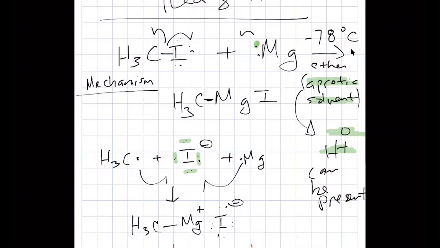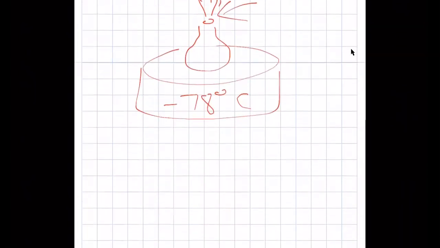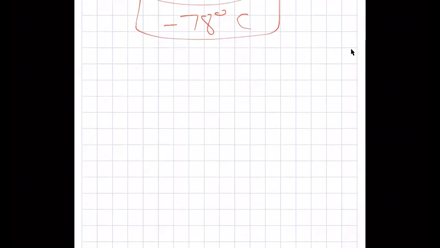That's the distinguishing property of it. Now you might think the Grignard is a simple reagent, but you can actually make lots of different types. It's very versatile.